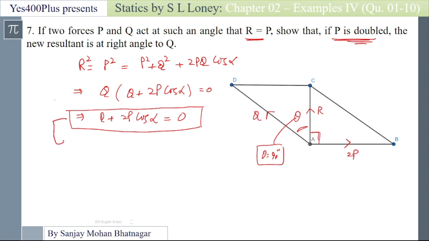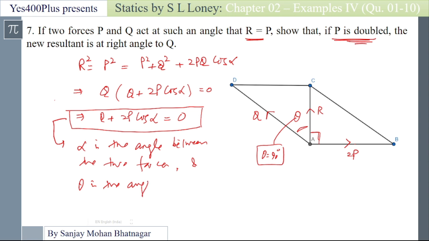अच्छा, ये ध्यान रखिए कि अल्फा इज द एंगल बिटवीन द टू फोर्सेस and theta is the angle between R and Q. So we know that tan theta is equal to P sin alpha upon Q plus P cos alpha, but now P has become 2P, so it is 2P sin alpha upon Q plus 2P cos alpha.